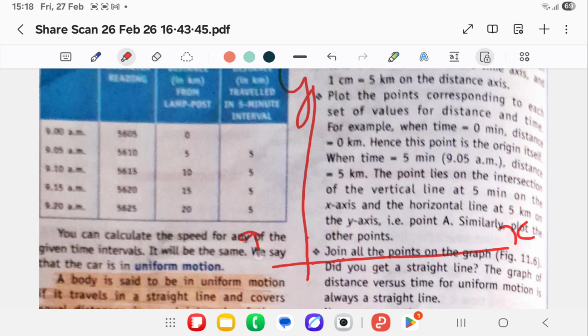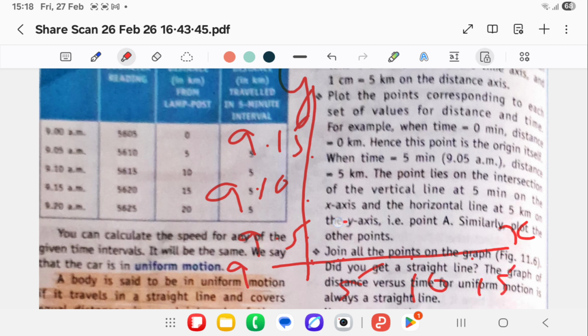At 9 you were at home. Now at 9:05 you covered 5 kilometers, at 9:10 you covered 10 kilometers, and at 9:15 you covered 15 kilometers.